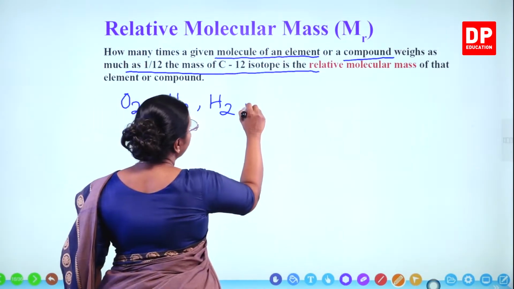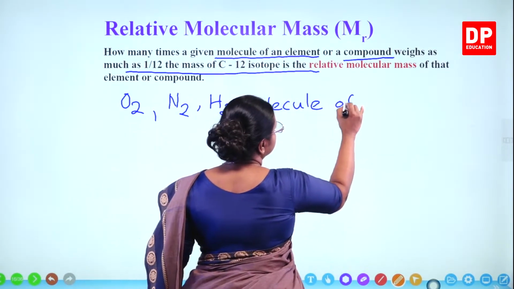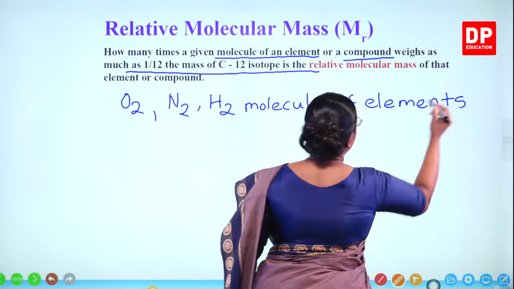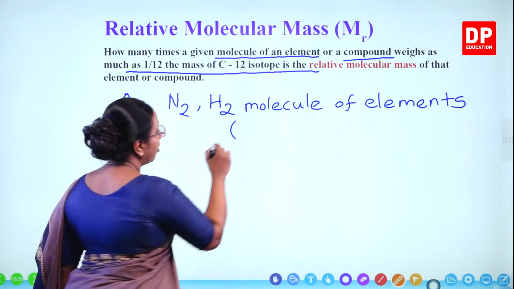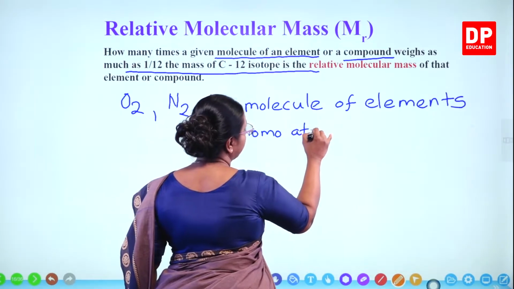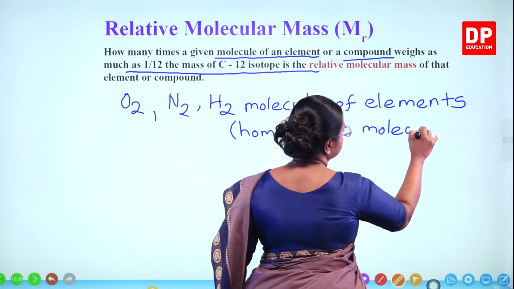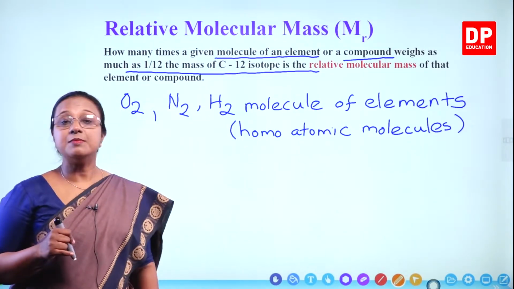So, here molecule of elements. What is the special name given to these type of molecules? We call them homoatomic molecules.